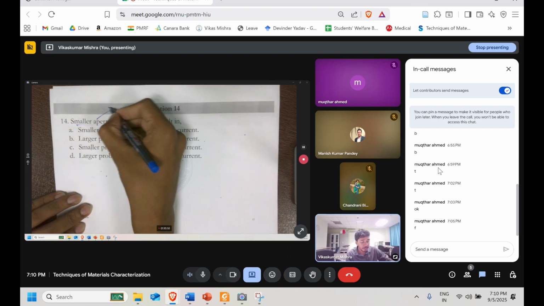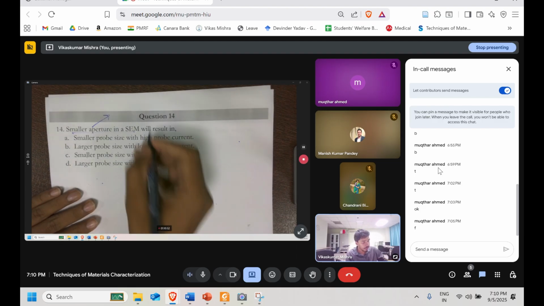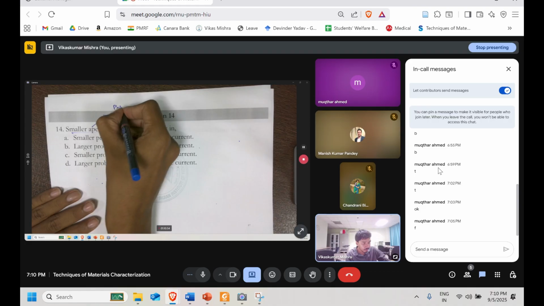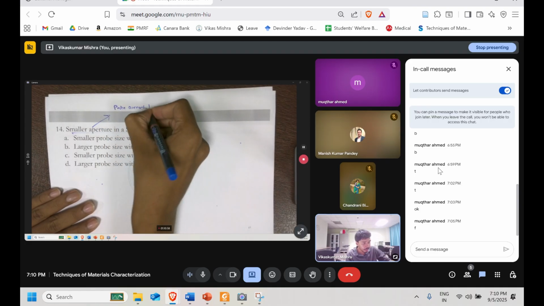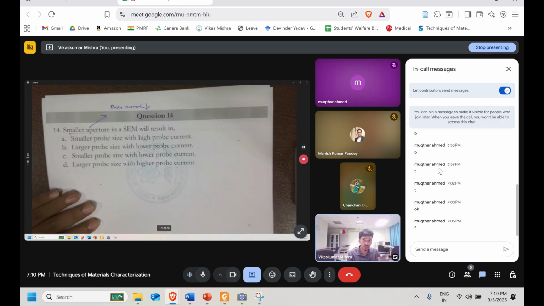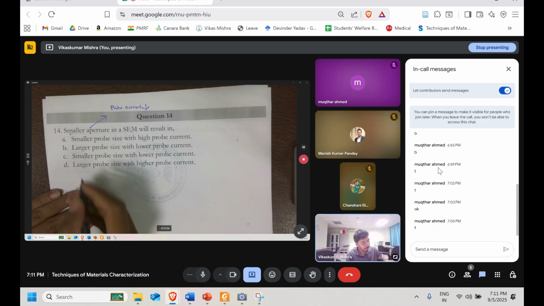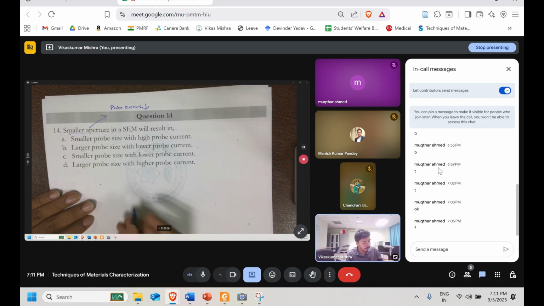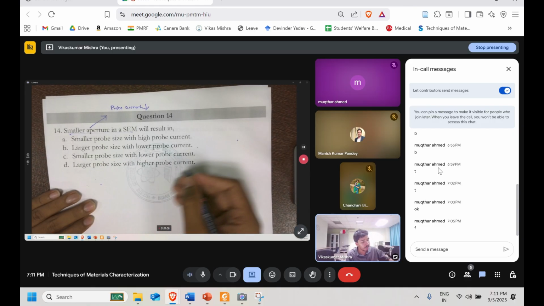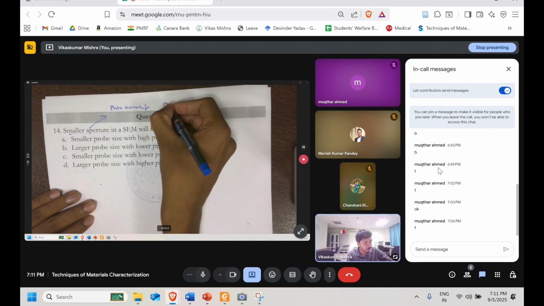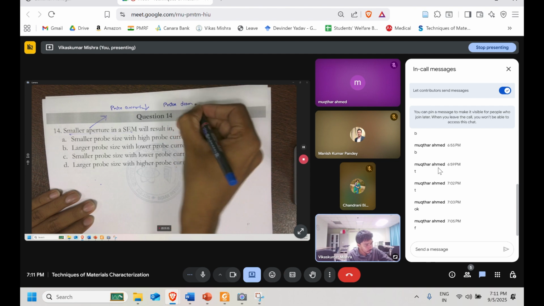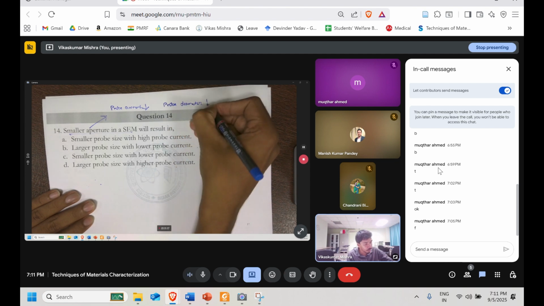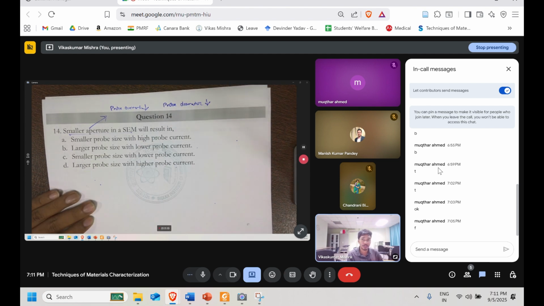If I am decreasing the aperture size, it means that the probe current is decreasing. The number of electrons is decreasing. Also, with a smaller aperture, the probe diameter is decreasing, right?